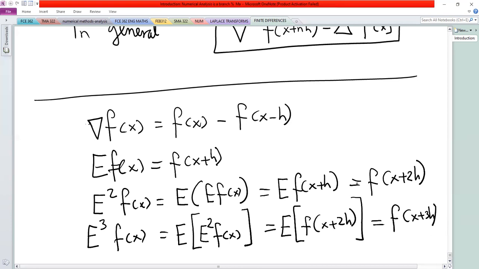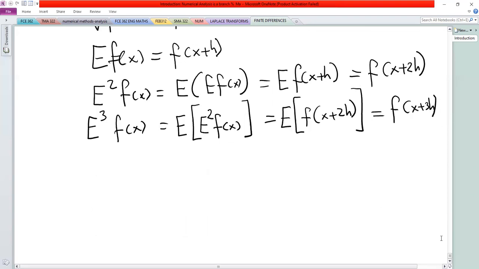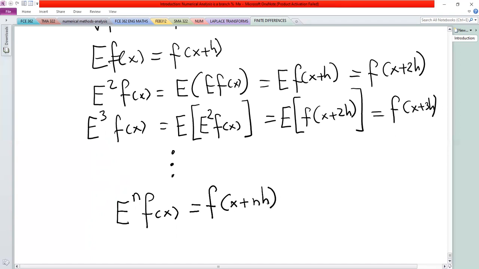And so this pattern keeps on up to, if you say e raised power n f of x, the result is f of x plus nh for any real number n.